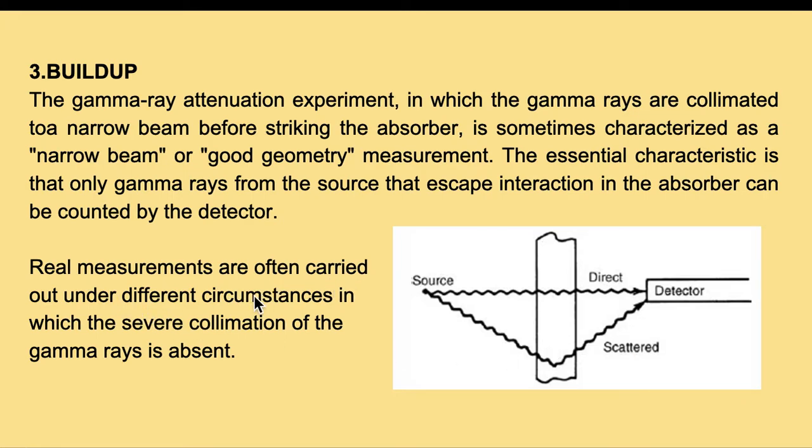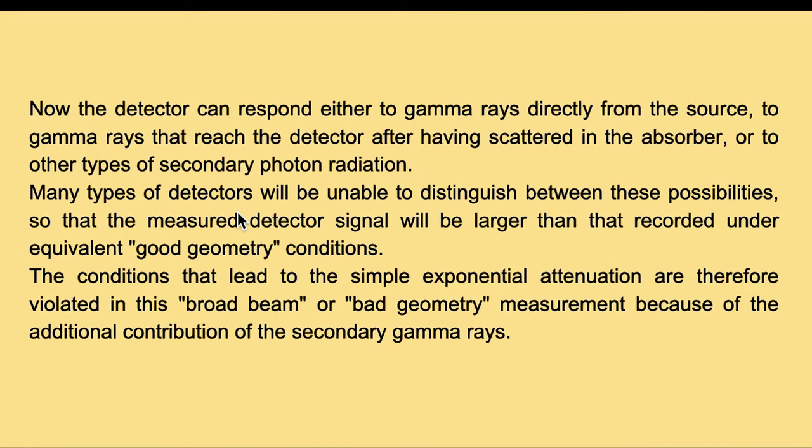Real measurements are often carried out under different circumstances in which the severe collimation of the gamma ray is absent. Now, the detector can respond either to gamma rays directly from the source, to the gamma rays that reach the detector after having scattered in the absorber, or to other types of secondary photon radiation. So, this gamma ray can produce some other mechanisms, and from there, gamma rays can be again produced.